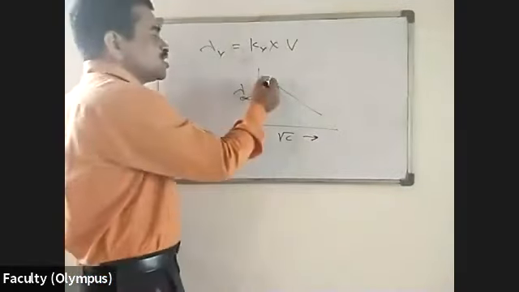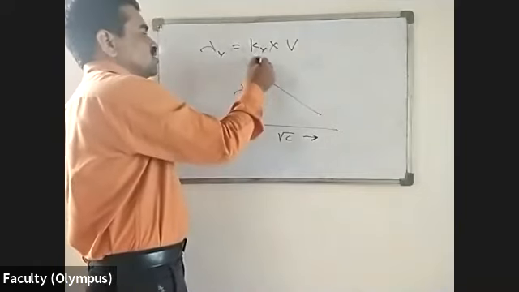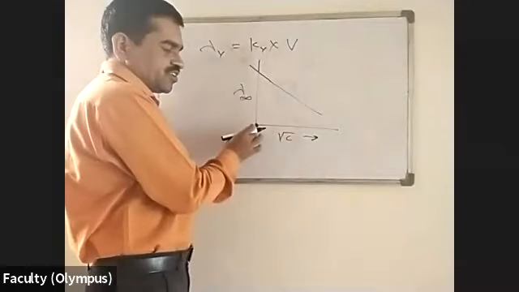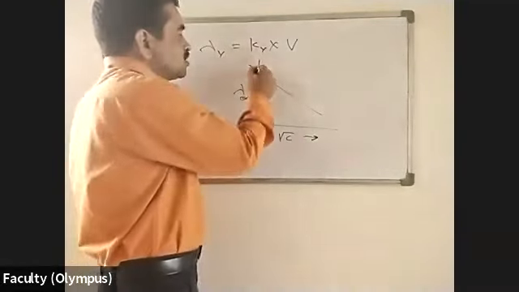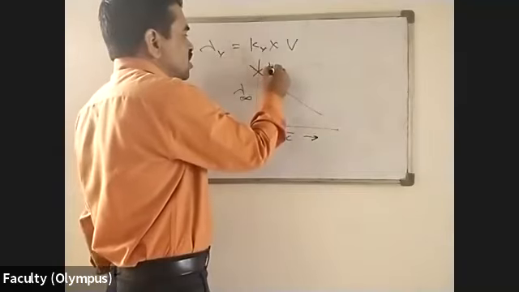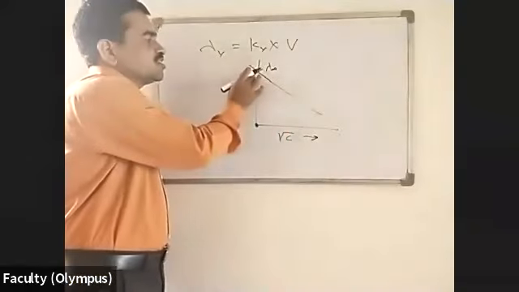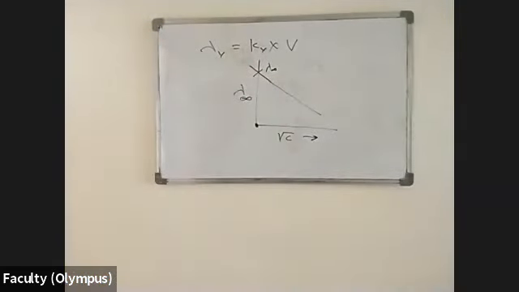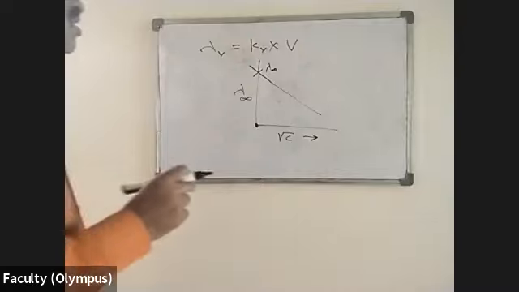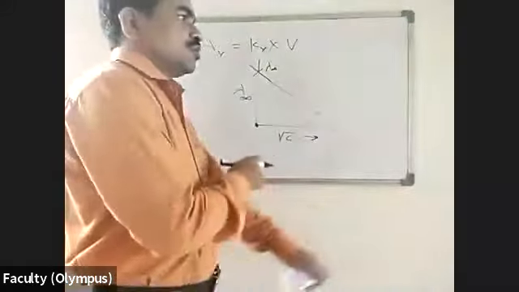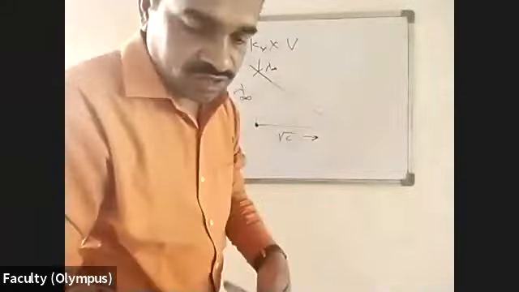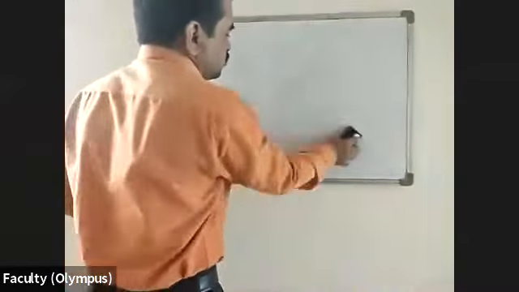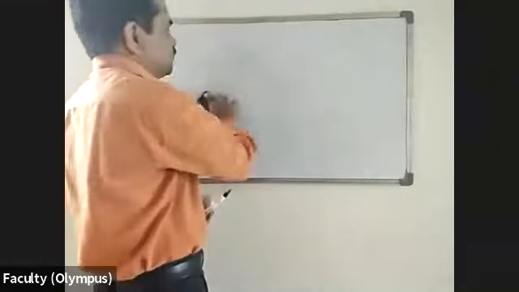By extrapolating this graph towards the y-axis like this, where the square root is 0, meaning concentration is 0, this conductance is taken as lambda infinity, the conductance at infinite dilution. So the conductance at infinite dilution can be determined by such graphical methods.